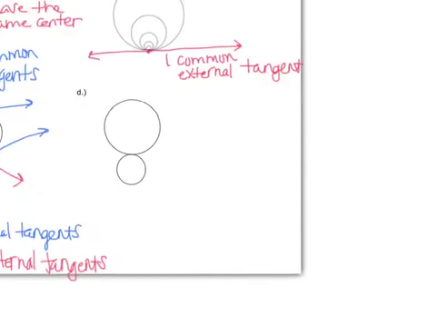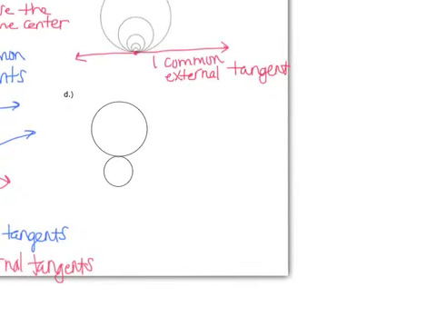And then finally, for the last example, we can have a common external tangent along the right side of the two circles. We can have another one along here, and that's also not very good, but pretend that that line only touches that circle at one point.